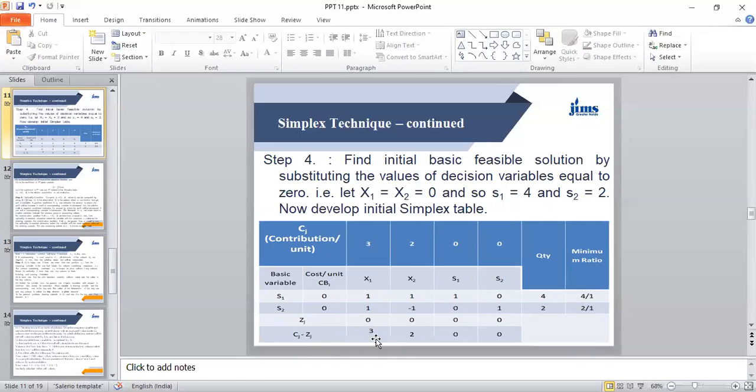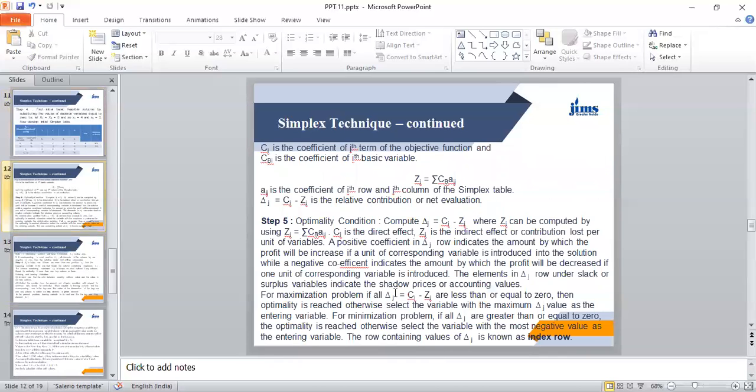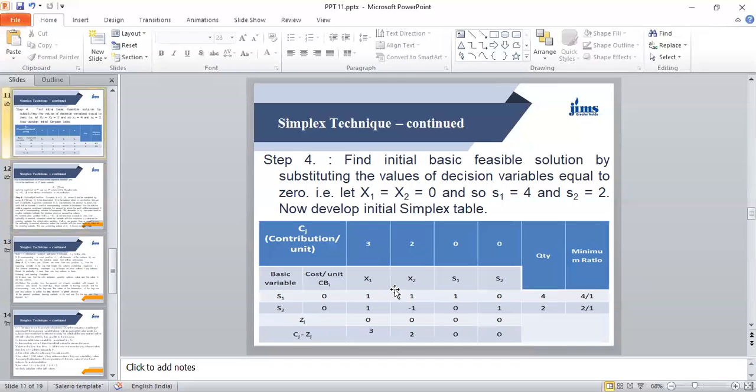Plus 3 is more than plus 2. So this column is the key column.